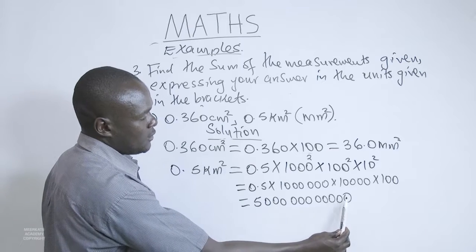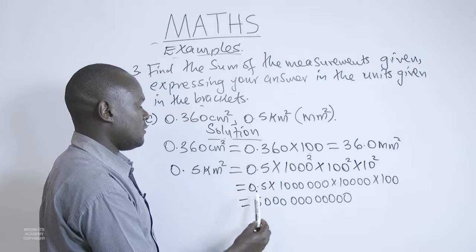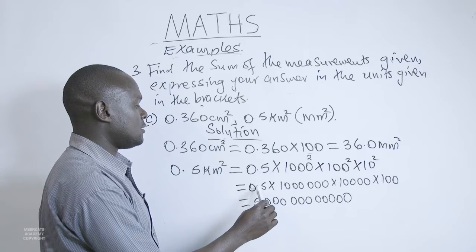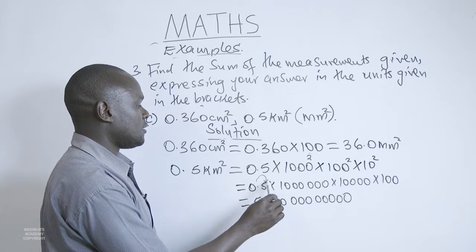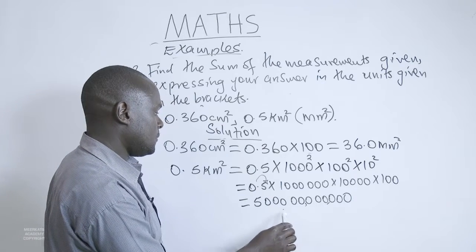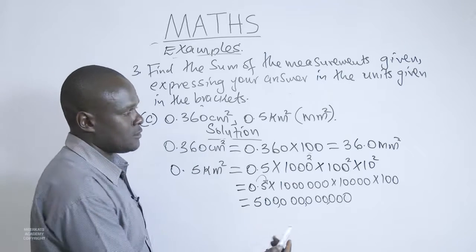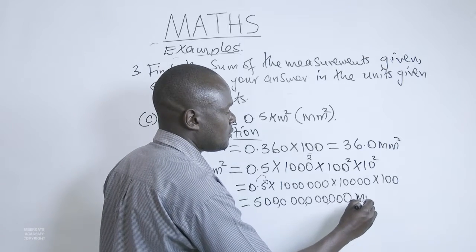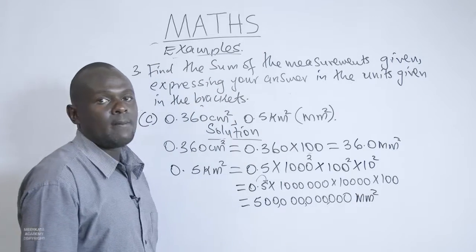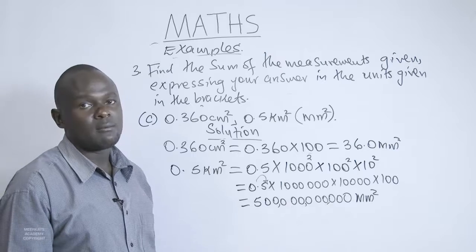How many do we have here? 1, 2, 3, 4, 5, 6, 7, 8, 9, 10, 11, because the 1 0 has been taken care of there. So this number is actually 500 billion square millimeters. We have converted this number to square millimeters.